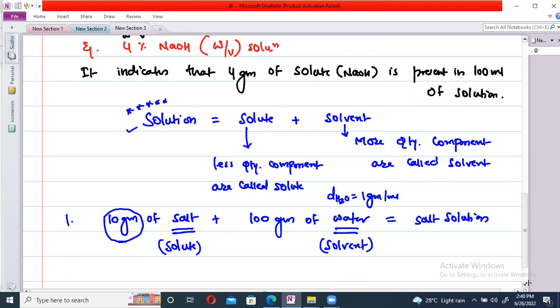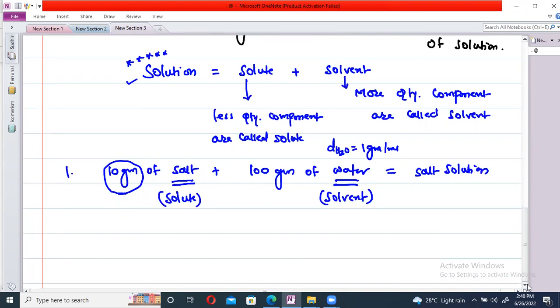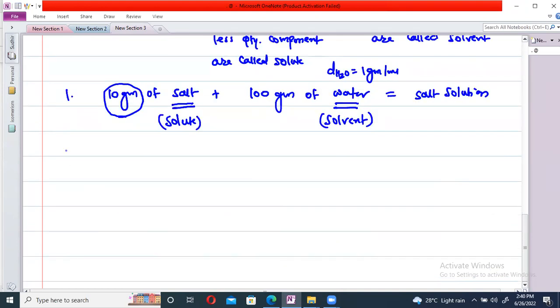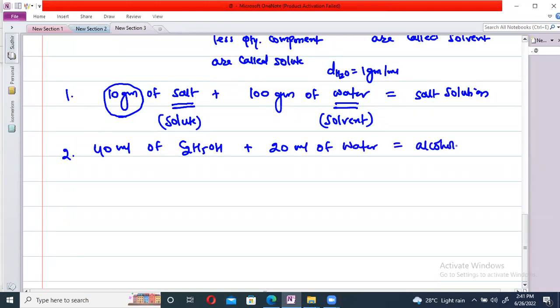One more example. Sir, now I am adding 40 ml of ethyl alcohol, C2H5OH, dissolved in 20 ml of water, and it forms a solution called an alcoholic solution. See beta, among these two, water is in less quantity compared to alcohol.